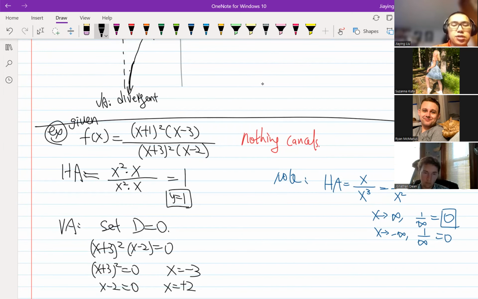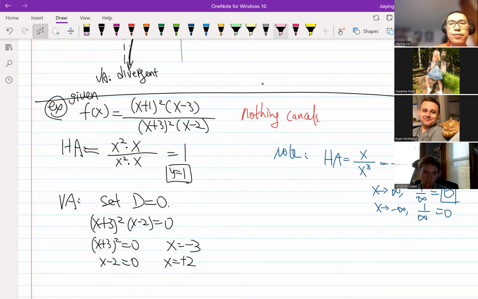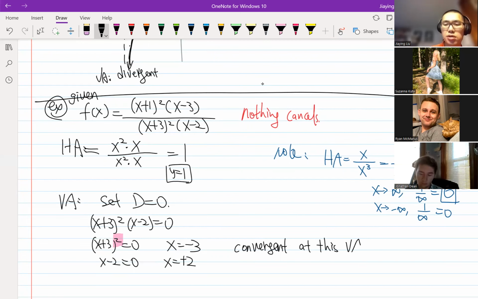But note the multiplicity of each one. The (x plus 3) squared has a multiplicity of 2, so the graph is going to be convergent at this vertical asymptote because of the even power.